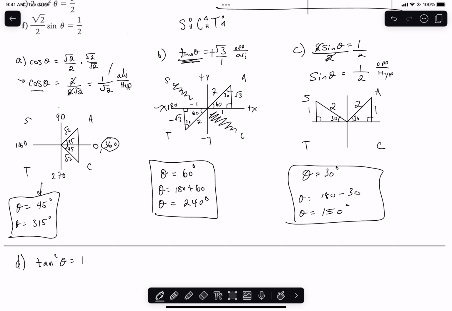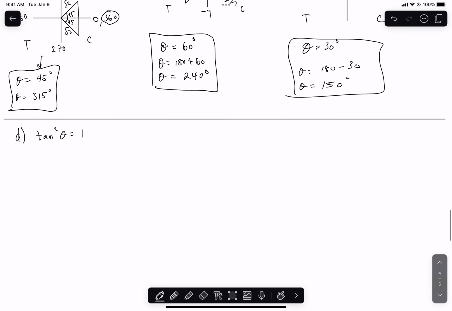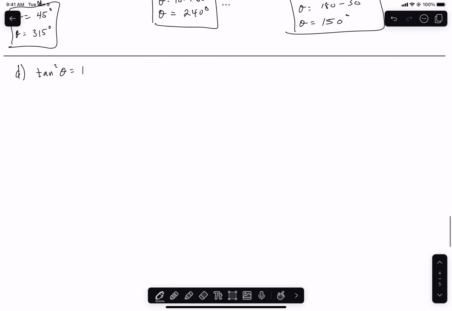Okay, so this is going to be questions 3 D, E, F from this extra exact value practice sheet that I gave you. So what we find here is tan squared theta is going to equal 1, and I'm interested in what theta is from 0 to 360. In order to get tangent by itself, I'm going to square root both sides.